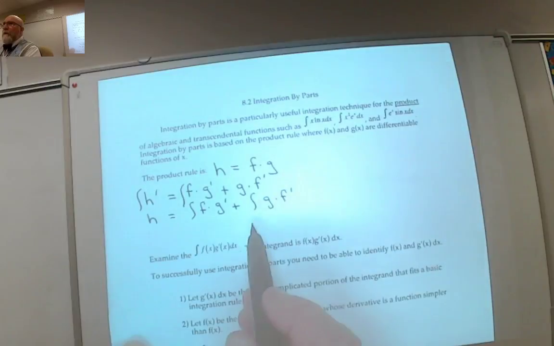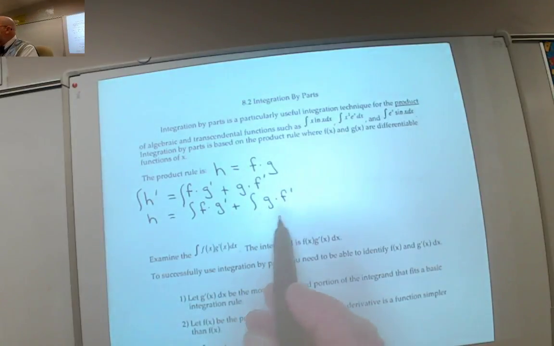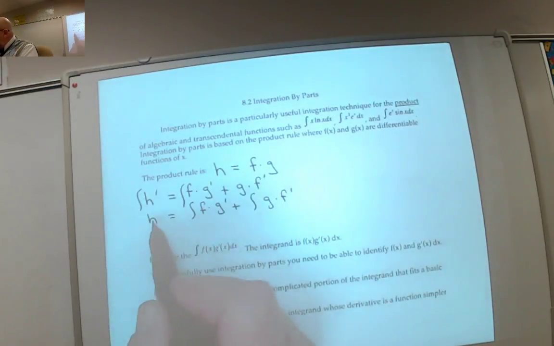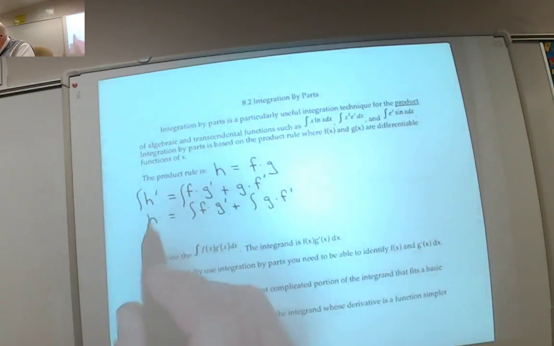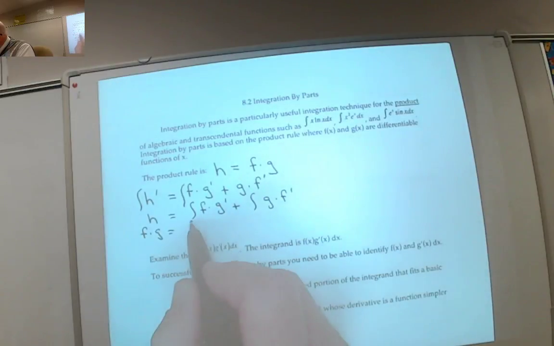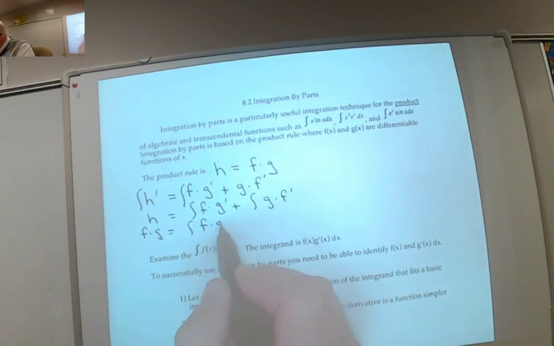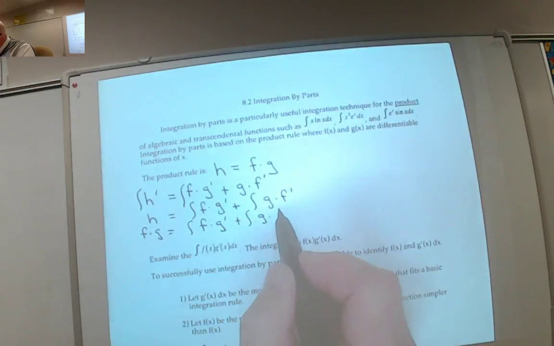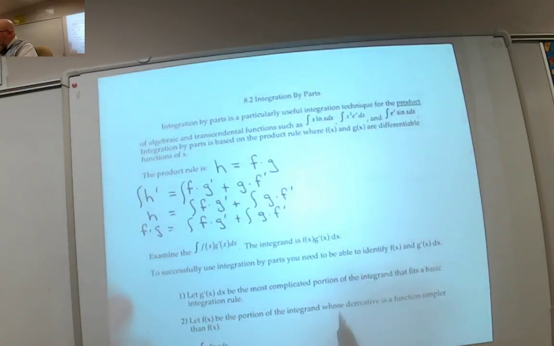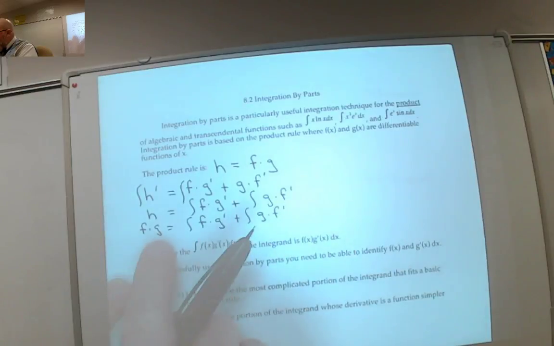And I think you're okay with that, right? Because I've done that before, especially when the integration techniques are different. And h is the same as f times g, isn't it? So I could substitute this in here. And what I'm going to do is subtract this integral and bring it over.